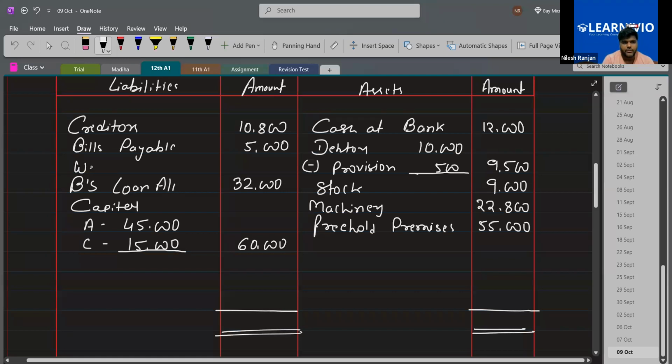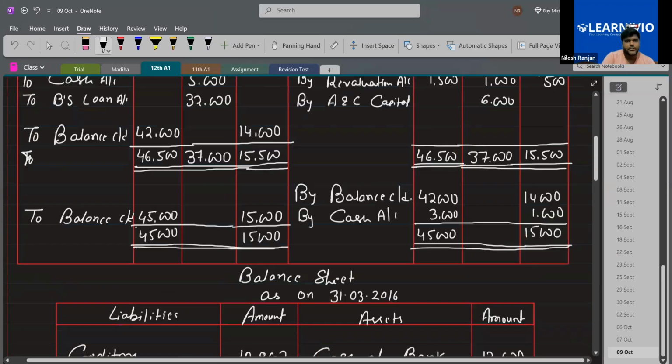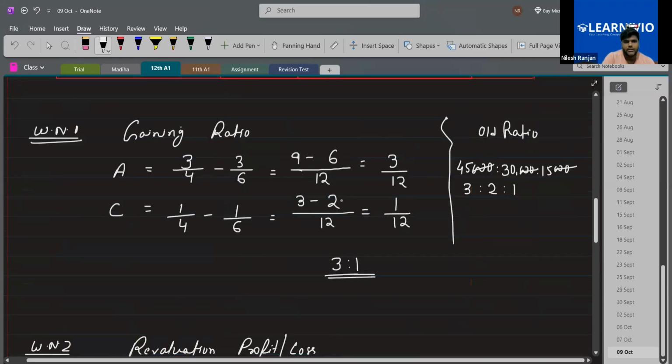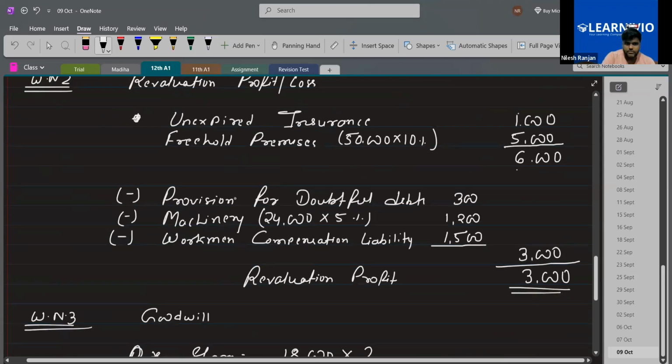Workmen compensation claim 1,500, and there is unexpired insurance. It is a gain. It is an asset for the company. So 1,000 unexpired insurance, and done.